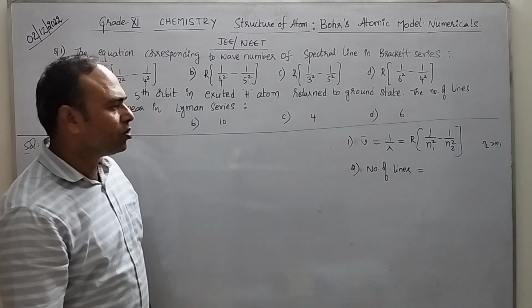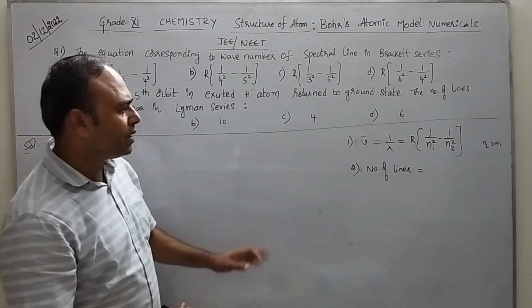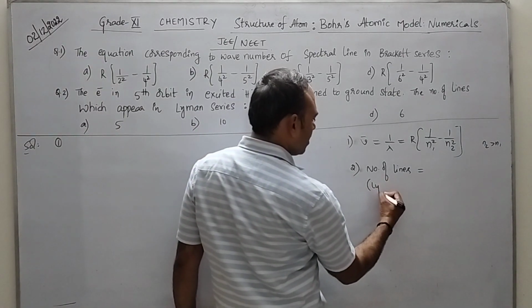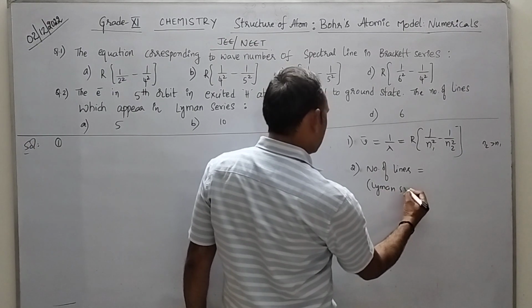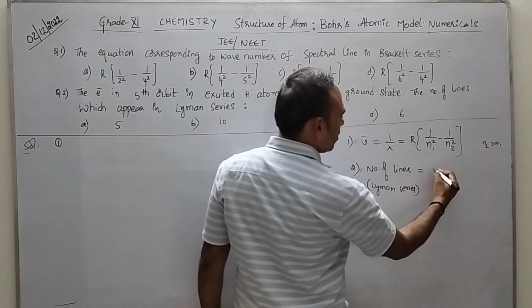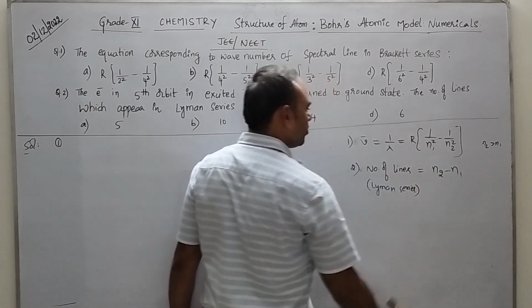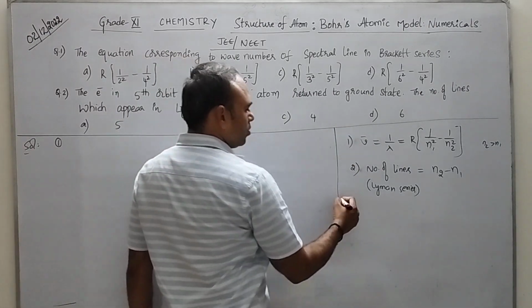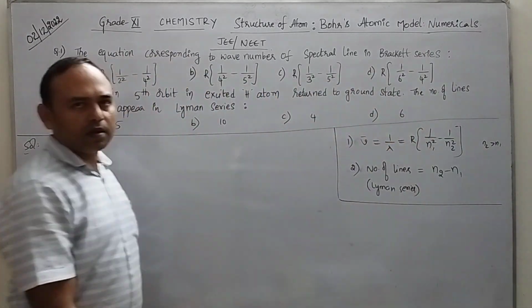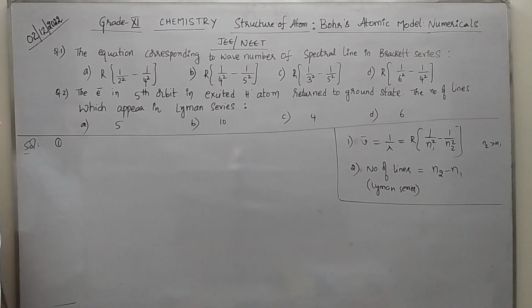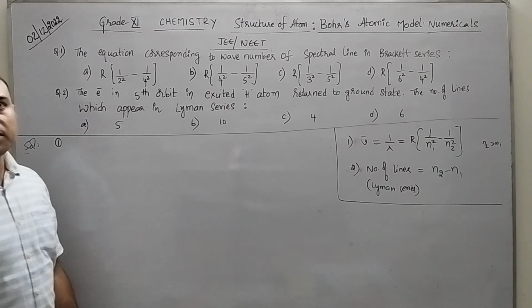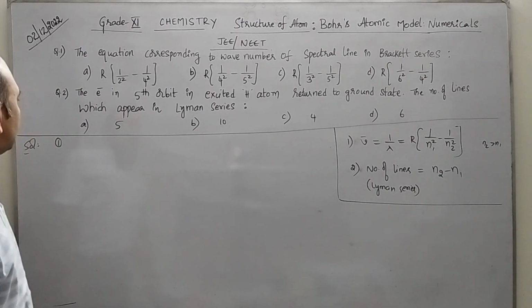I am not talking about the total number, it is only in a particular series. For example, here they are asking Lyman series. The formula is n2 minus n1. So these are the 2 formulas you have to apply. I have explained you. Now you can try it and solve it in less than 1 minute. If not, then you can check the solution.